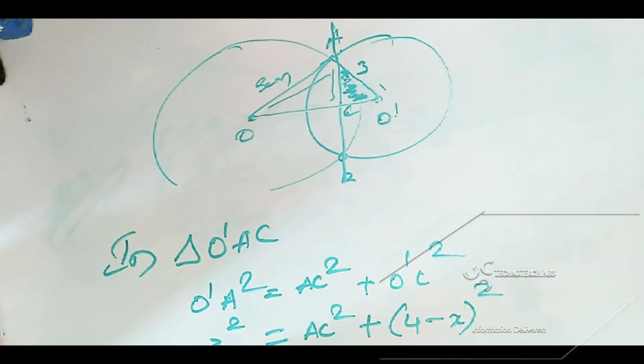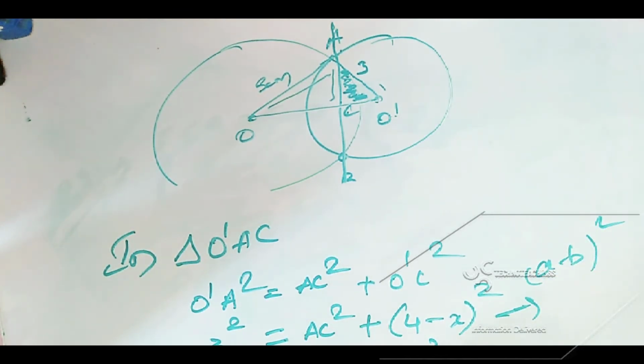So now I'll calculate the expression. So 3 square, 9, equal to AC square plus 16 plus x square minus 8x, because this comes under the formula (a minus b) whole square.